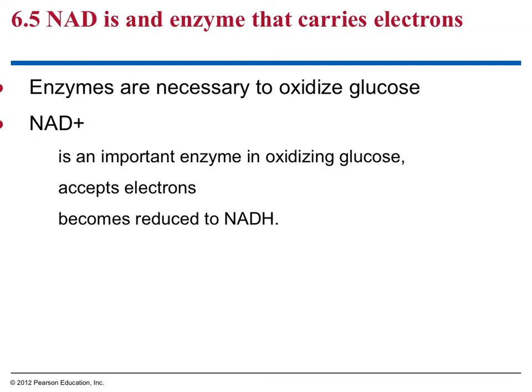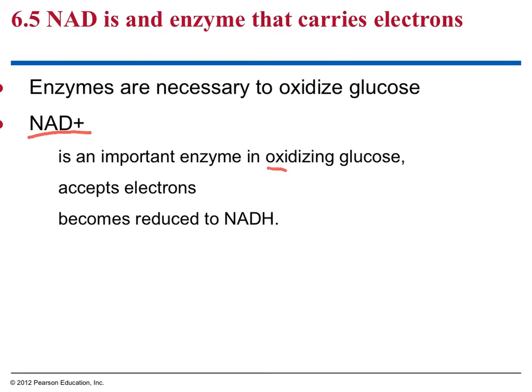They lower the energy of activation so that chemical reactions can occur. And so in cellular respiration, one of the most important molecules necessary to oxidize glucose, take away hydrogens from glucose, that's what oxidize means, right, is a molecule called NAD+.